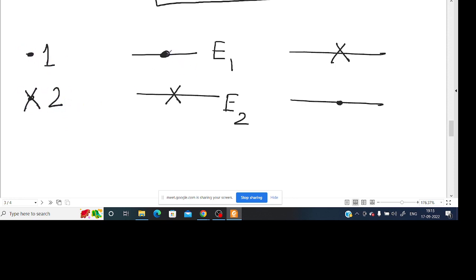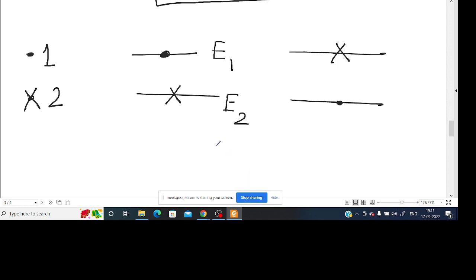Here we are placing the first particle with energy E1 and the second particle with energy E2. Here we are doing the opposite thing. So these two are not equivalent configurations if the particles are distinguishable, but if the particles are indistinguishable, then these two are actually equivalent. Clear? Yes, sir.